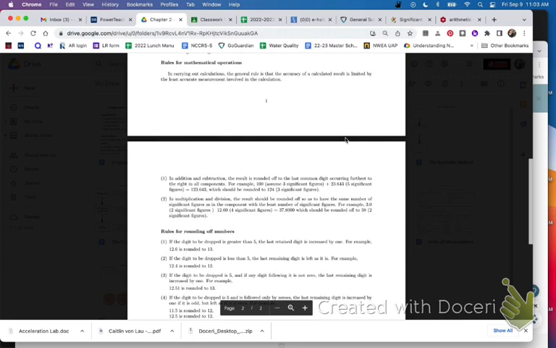Okay? So when you are adding or subtracting, you round to the last common digit that occurs furthest to the right in all of your components. Okay? So the example they give is if you take 100 that they are saying has 3 significant figures in it, so we'll put a decimal point just to be clear about that.